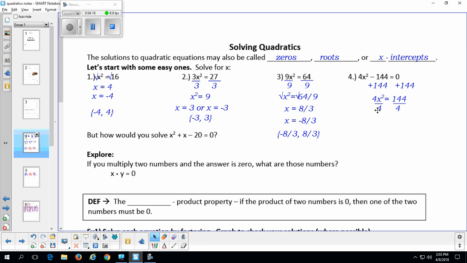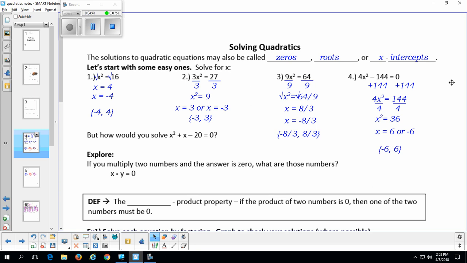Then I'm going to divide both sides by 4. 4 over 4 will cancel and give us 1. 144 divided by 4 will give us 36. And then what would x have to be so that x squared gives us 36? Could be 6, or remember, negative 6. So my two solutions are negative 6 or 6.